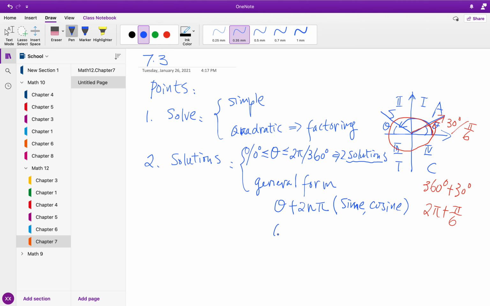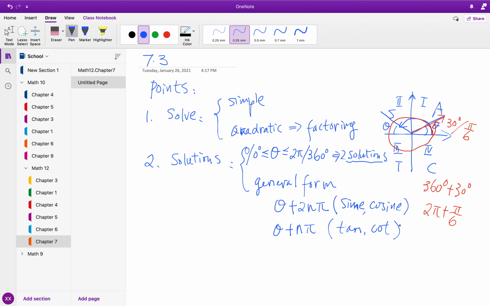But for tangent, as we may know, it is just pi. And that is for tangent and cotangent, right? So that is our second point.